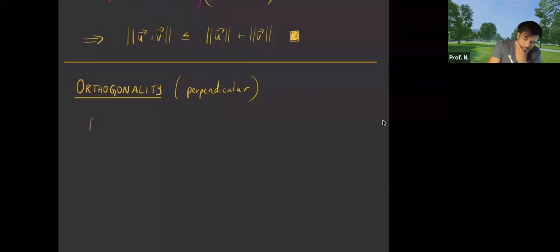So recall, in two-dimensional space, what does it mean to be perpendicular? Perpendicular lines form 90-degree angles, don't they?